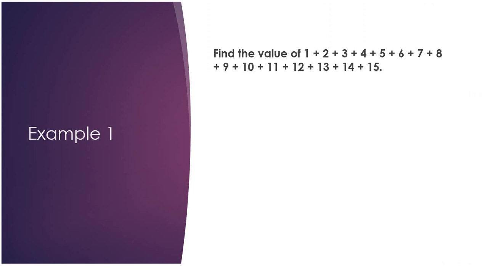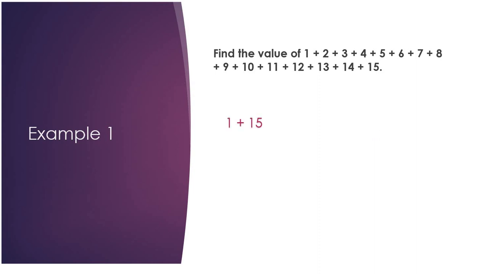Find the value of 1 plus 2 plus 3 plus 4 plus 5 plus 6 plus 7 plus 8 plus 9 plus 10 plus 11 plus 12 plus 13 plus 14 plus 15. So we have a number sequence here, and what we have to do first is make our number pairs the same way Gauss did, right?